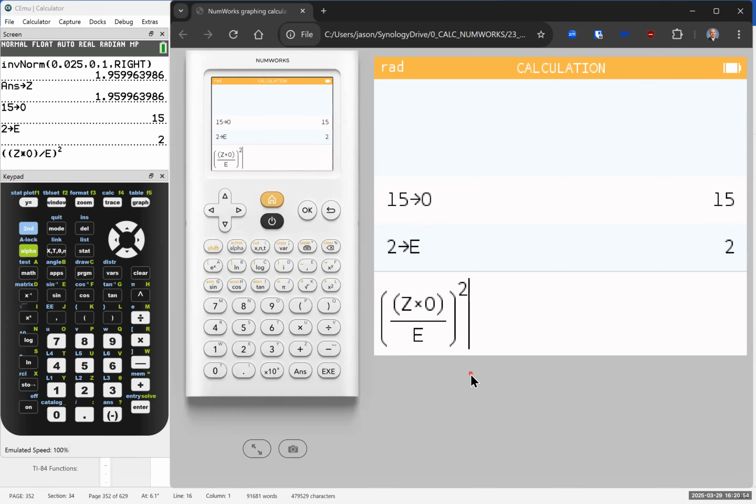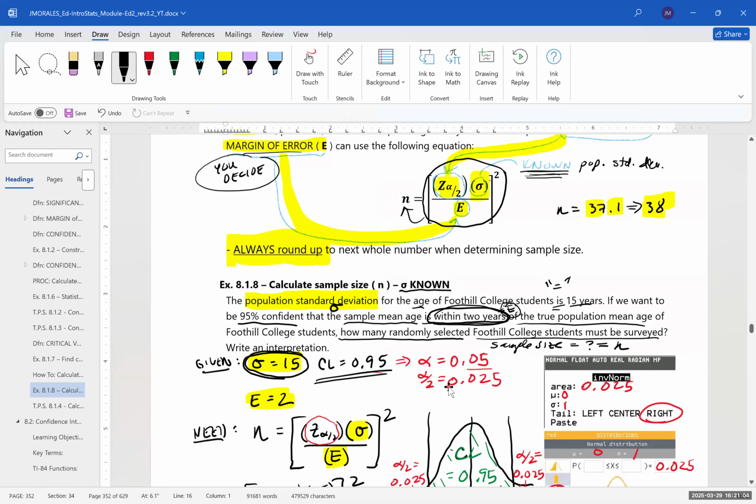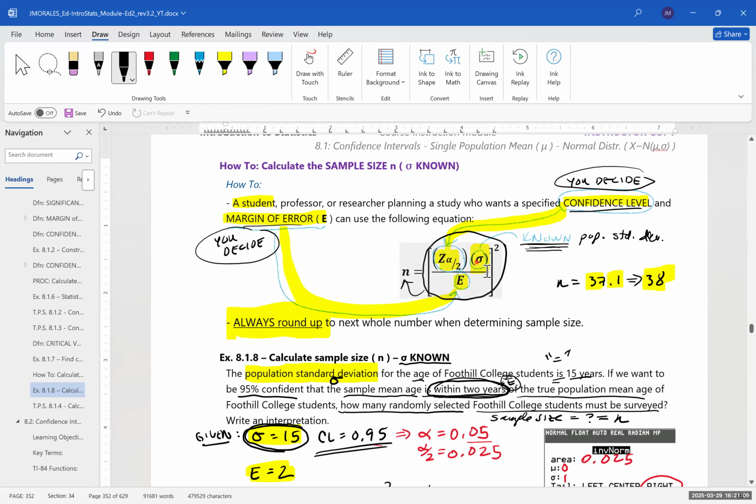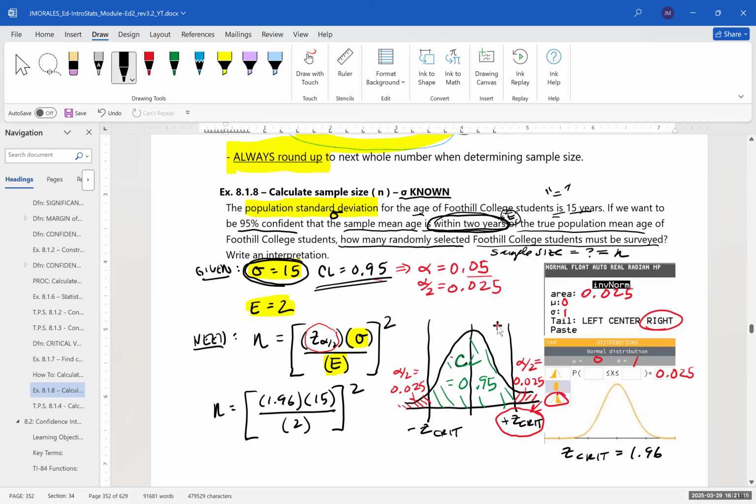What's kind of neat about doing it this way is now you can see that the formula that we're putting into the calculator really does match the original formula, right? Z times O divided by E, and all of that is being squared, right?